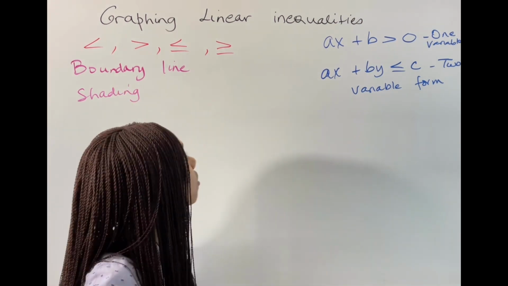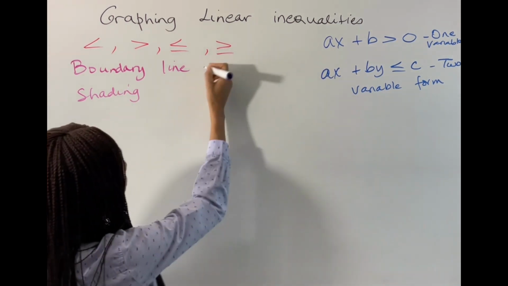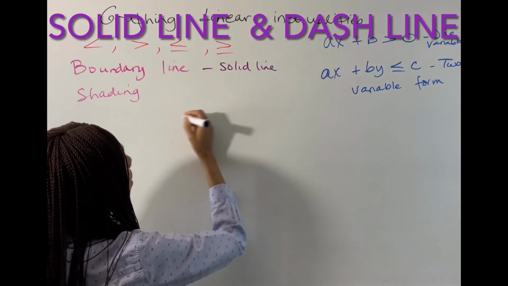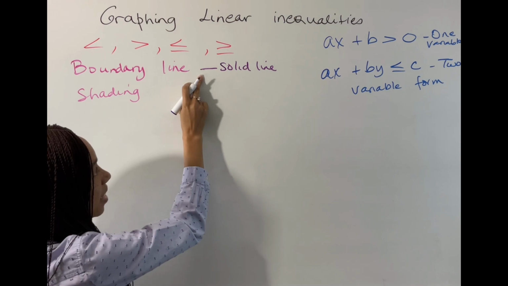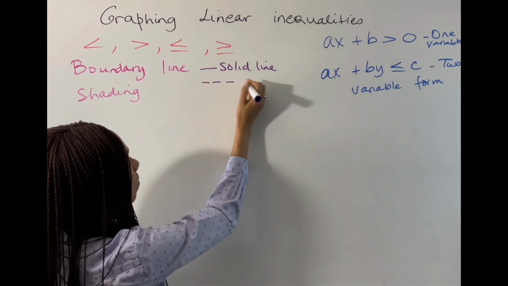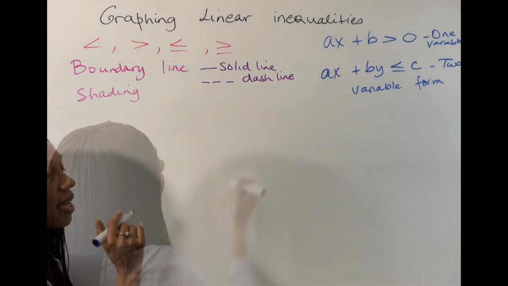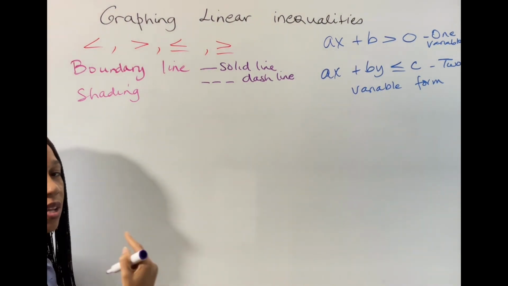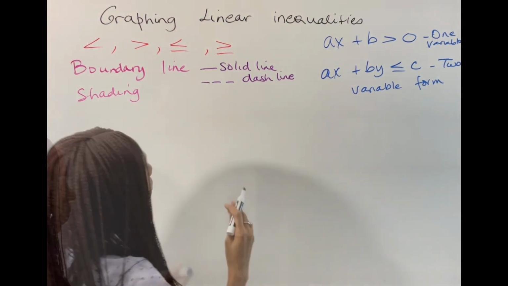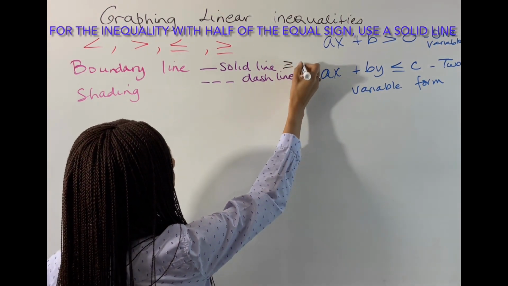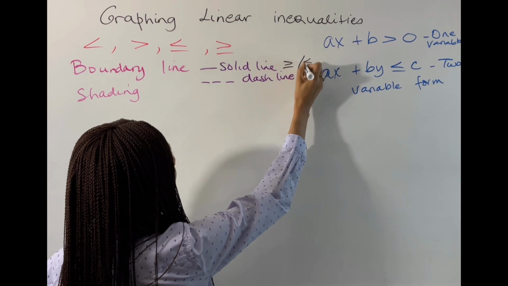There are two types of boundary lines. You have the solid line, which looks like that, and you have the dashed line that looks like this. This is all based on the inequality symbol. For a solid line, you are either going to use greater than or equal to or less than or equal to.